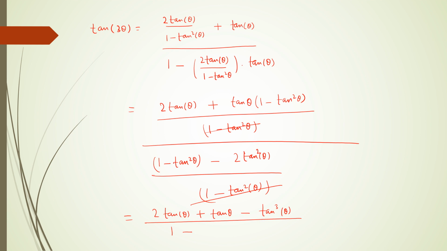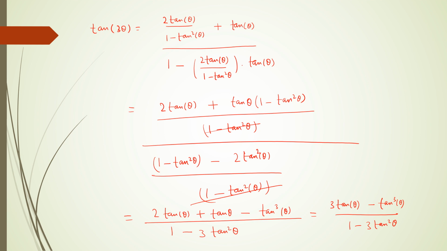So total 1 minus 3 tan square theta. We can write 2 tan theta plus tan theta is 3 times tan theta, minus tan cube theta upon 1 minus 3 tan square theta. So tan 3 theta, we got 3 tan theta minus tan cube theta upon 1 minus 3 tan square theta.